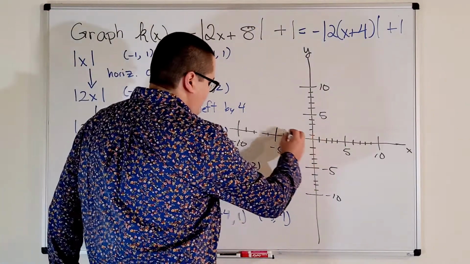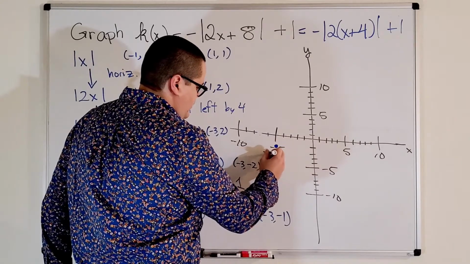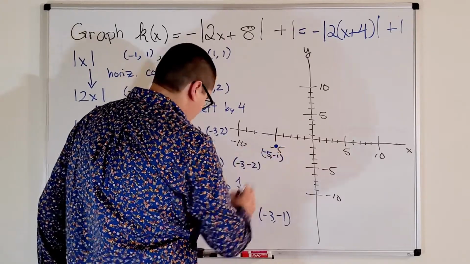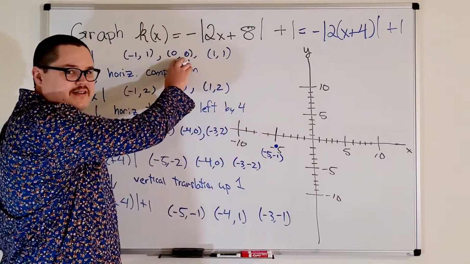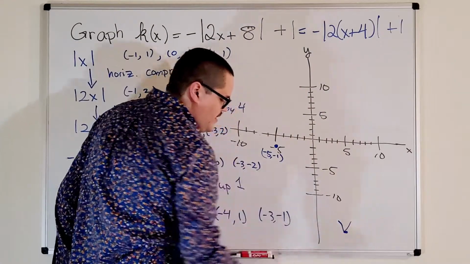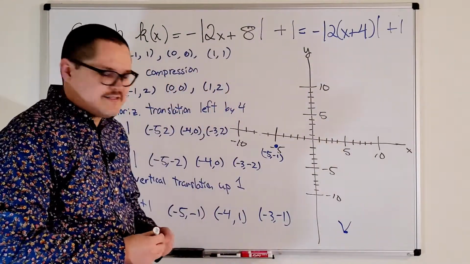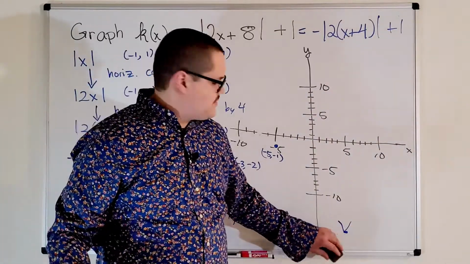So left 5, down 1. That's our first point. Our second point, remember the second point came from the vertex, meaning the thing in the middle of the original absolute value. So we expect that this will still be the vertex of our new graph k of x.